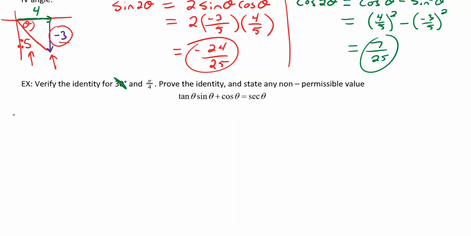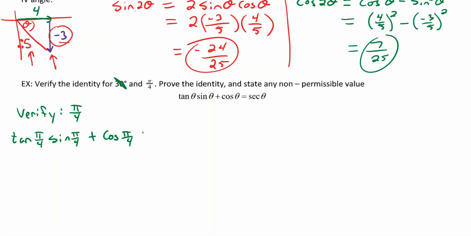I'll write it over here: this would be tan of pi over 4 times sine pi over 4 plus cos pi over 4.